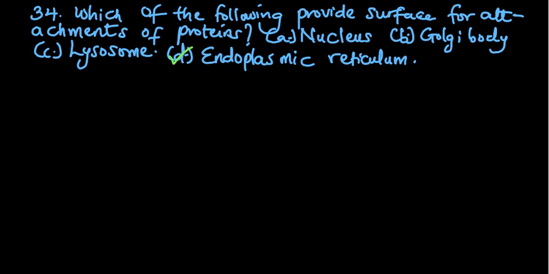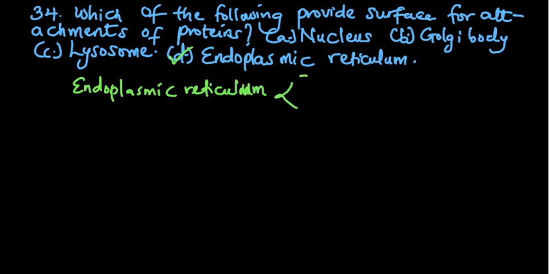The surface of a rough endoplasmic reticulum has ribosomes attached. So we have two types of endoplasmic reticulum: the smooth and the rough. Now why do we call one of them rough?